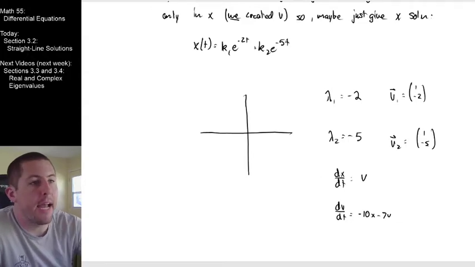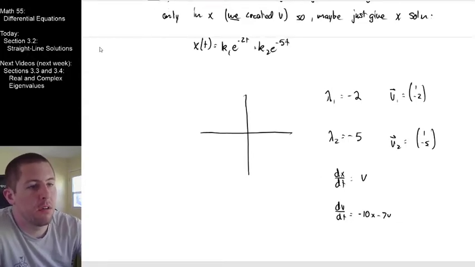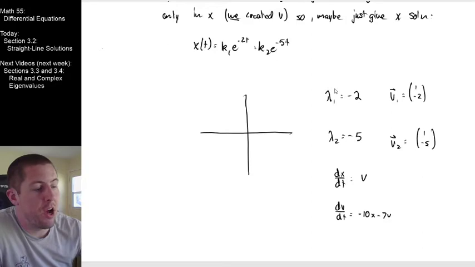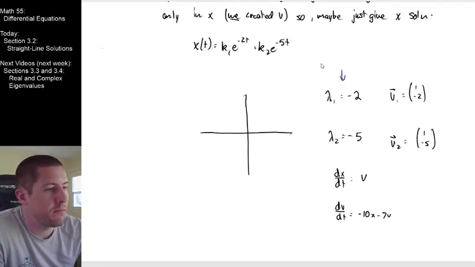So from my eigenvalues, I know that they both decay. Both straight line solutions decay towards the origin.